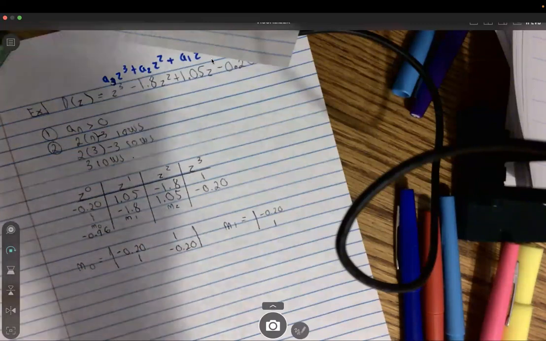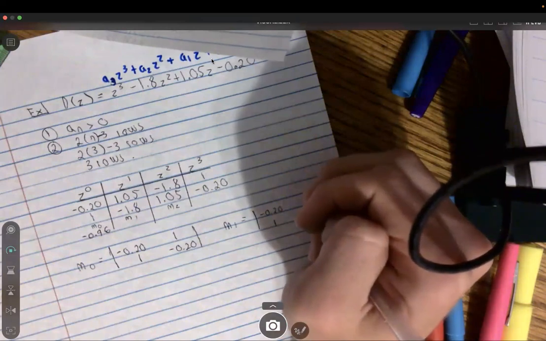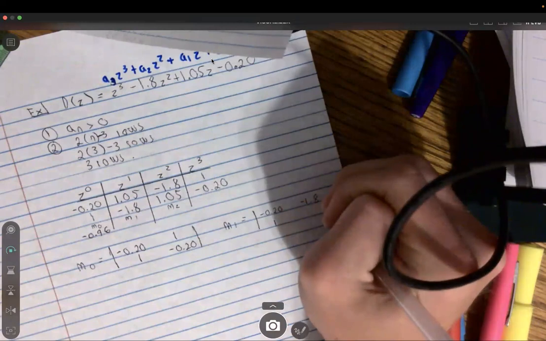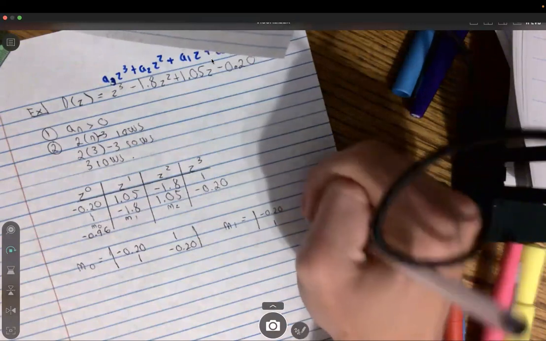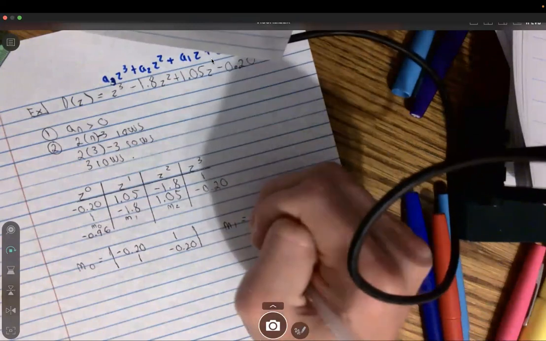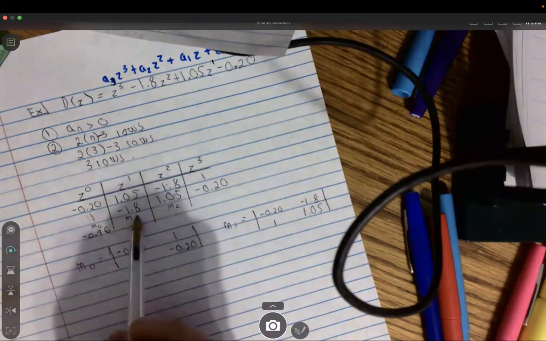So L2 is going to be negative 1.8, and then L1 is going to be 1.05. So solving for your M1.